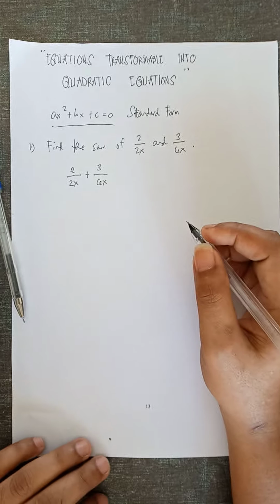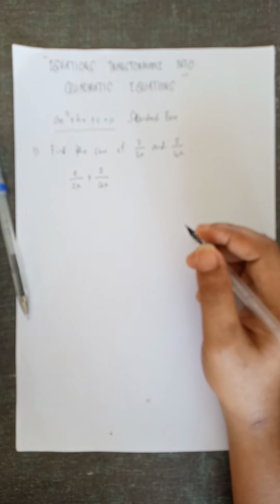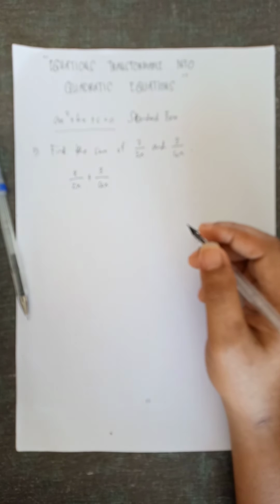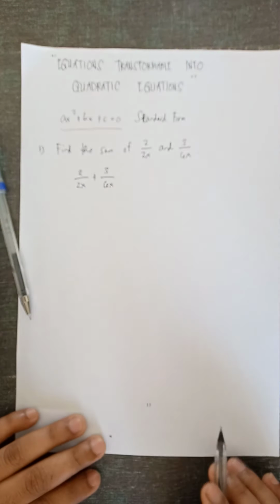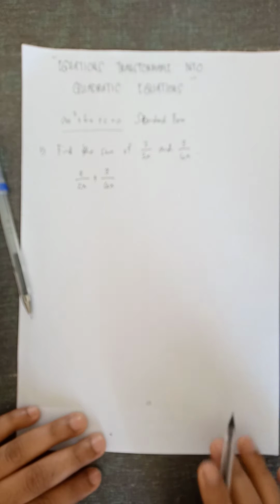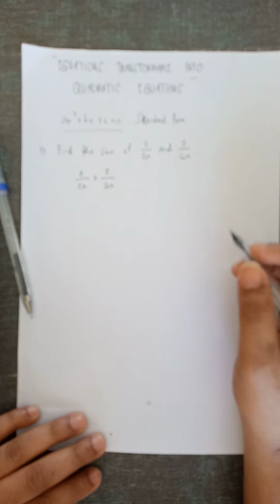There are three ways of finding the LCD: the prime factorization, finding the least common multiple, and the third one is to find the LCM. This time we're going to use the prime factorization.